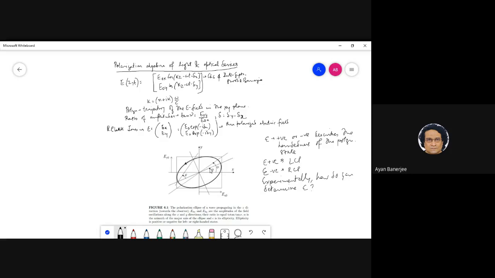Then you have your linear polarizer that you essentially have to rotate at an angle epsilon with respect to the optic axis of the quarter wave plate. Get it? So the total thing that you do is actually alpha plus epsilon.